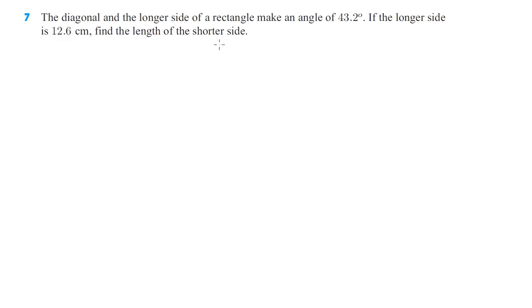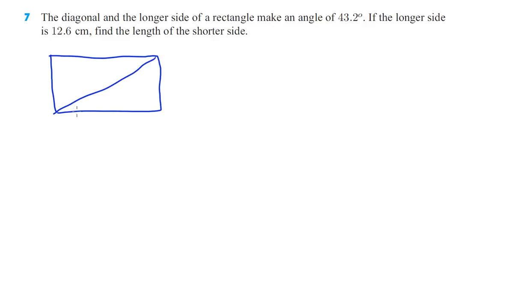The diagonal and a longer side of a rectangle make an angle of 43.2. So let's make a rectangle. It says that the diagonal and the longer side of the rectangle make an angle of 43.2.